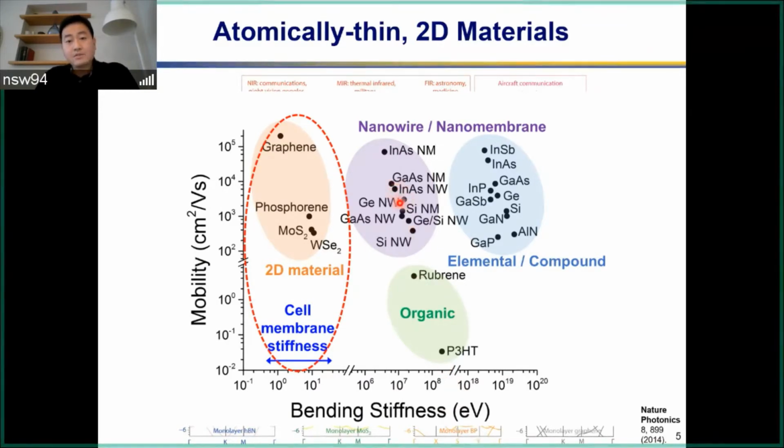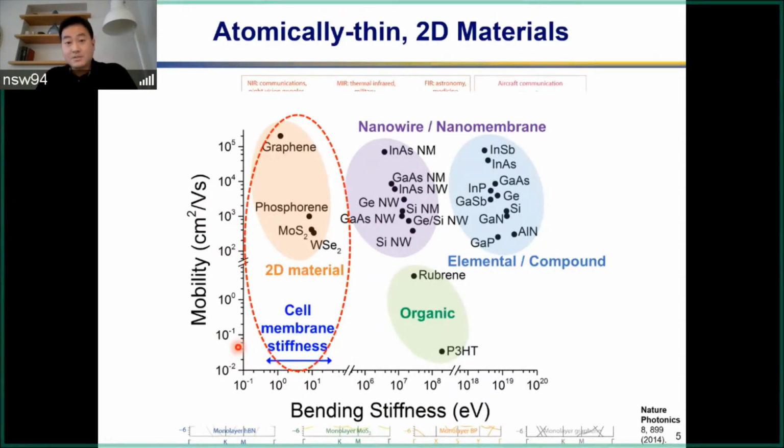And if you look at the stiffness of these films, of course, these are thickness-dependent properties. But if we take about 100 nanometers as a common length scale for these, we're looking at about a million times stiffer bending stiffness, as opposed to that of 2D material. Or if you think about a cell membrane, lipid bilayers, we're looking at about 1 to 10 electron volts of bending stiffness, whereas most of the semiconductors were not anywhere close to that.